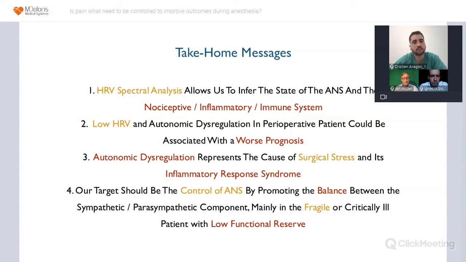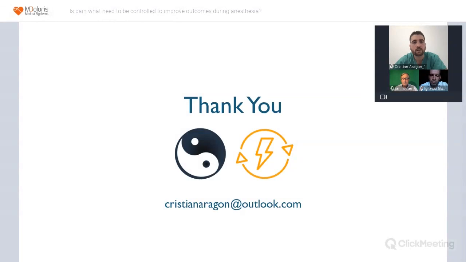Although heart rate variability and autonomic dysregulation in preoperative patients could be associated with a worse prognosis, this autonomic dysregulation represents the cause of the surgical stress and its inflammatory response syndrome. And our target should be the control of the autonomic nervous system, promoting the balance between the sympathetic and parasympathetic components, mainly in frail or critically ill patients with low functional reserve. Thank you very much.